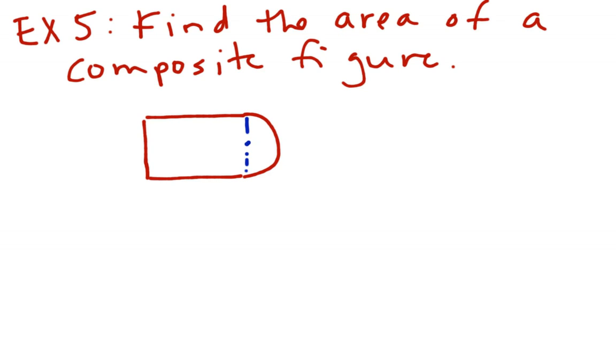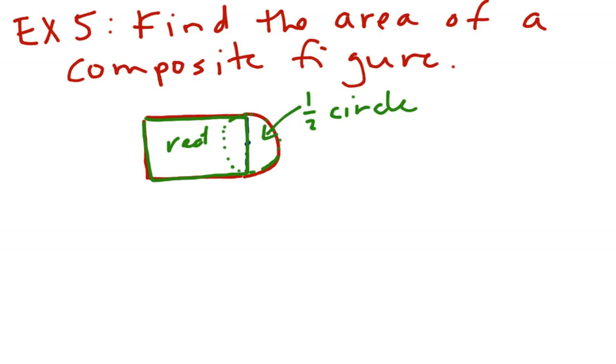But if you break it down, there's a rectangle right here, and there's a circle right here. So in the area that I want to find, there's a half of a circle and a whole rectangle. Those are the 2 shapes I do have formulas for.